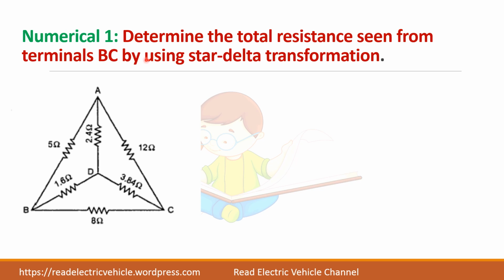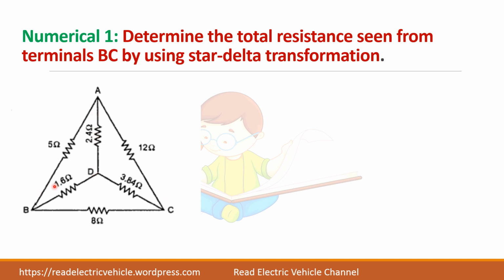So let us see the first problem. Determine the total resistance seen from the terminals BC by using star-delta transformation. The terminals here are B and C. You have to find the total resistance across these terminals.